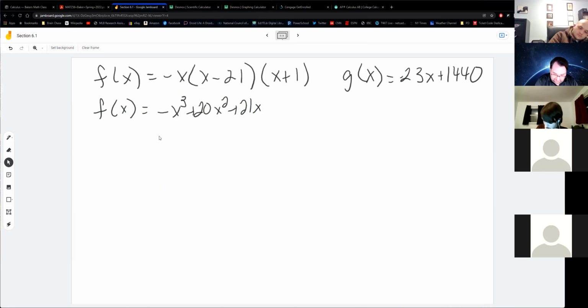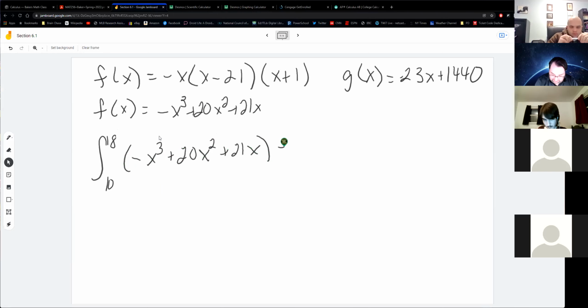So then my integral is going to be from 10 to 18 of negative x to the third plus 20x squared plus 21x minus negative 23x plus 1440.